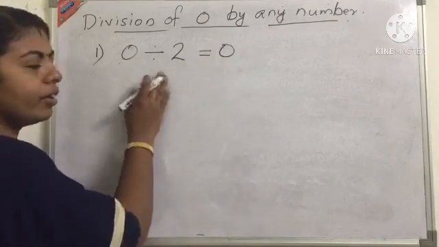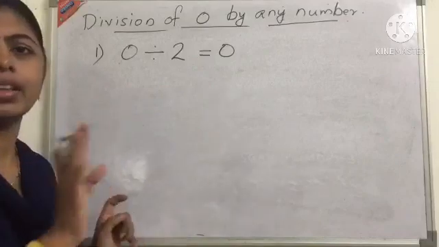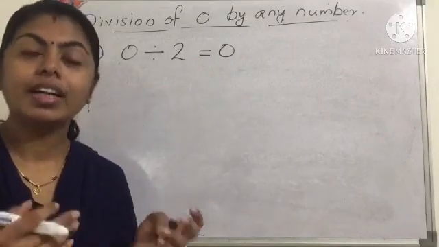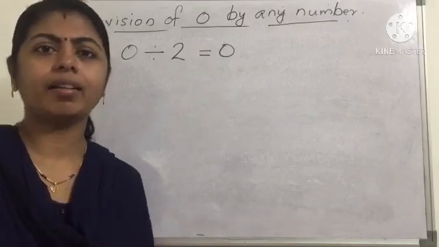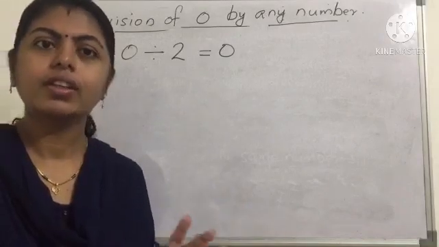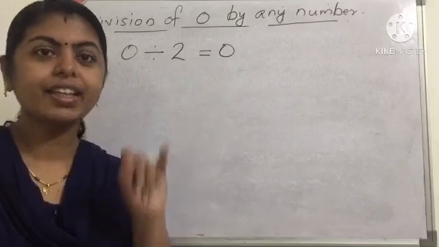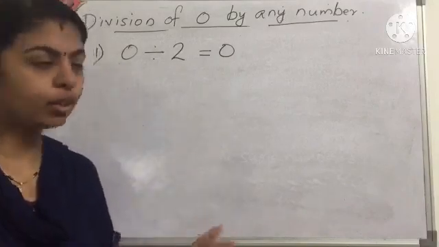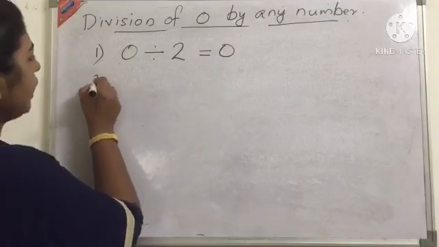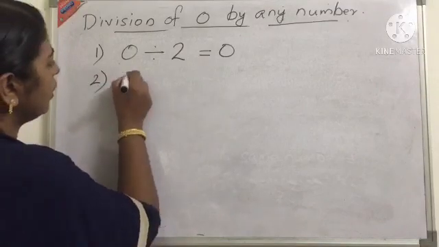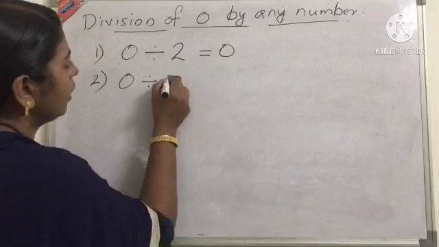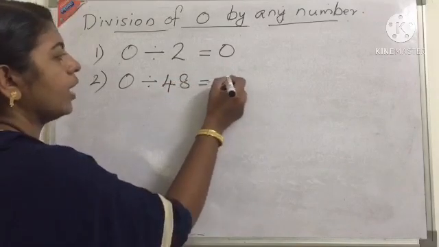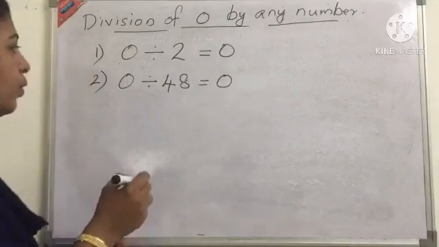0 divided by any number equal to 0. Once again, 0 divided by any number equal to 0. Then second one, 0 divided by 48. How much is it? It's equal to 0.